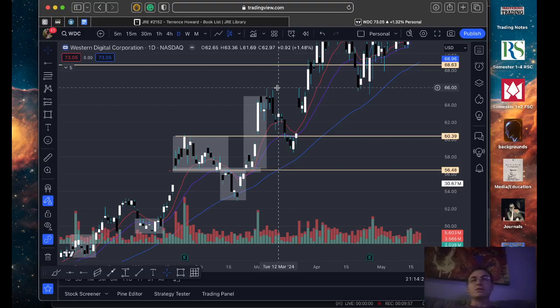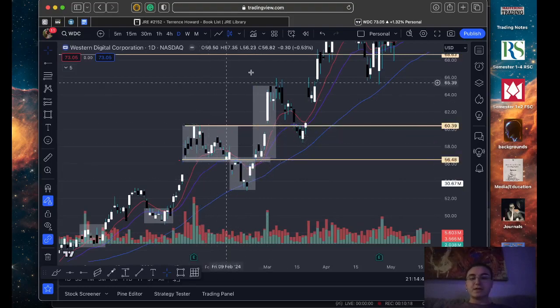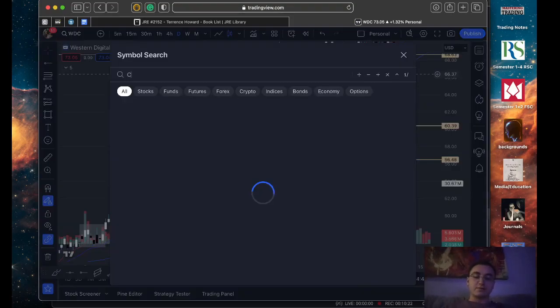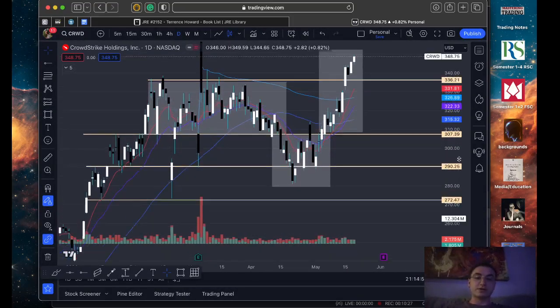The only reason why I box the trend periods is because it's easier for me. You might not want to learn this early on, but a lot of trades and different stocks will resemble one another at certain times. So if I see a certain stock look a certain way, I might think, oh, it looks a lot like maybe Western Digital. And so I'll outline the whole tradable setup, and then I'll go see if the other stock has the same or a similar setup.